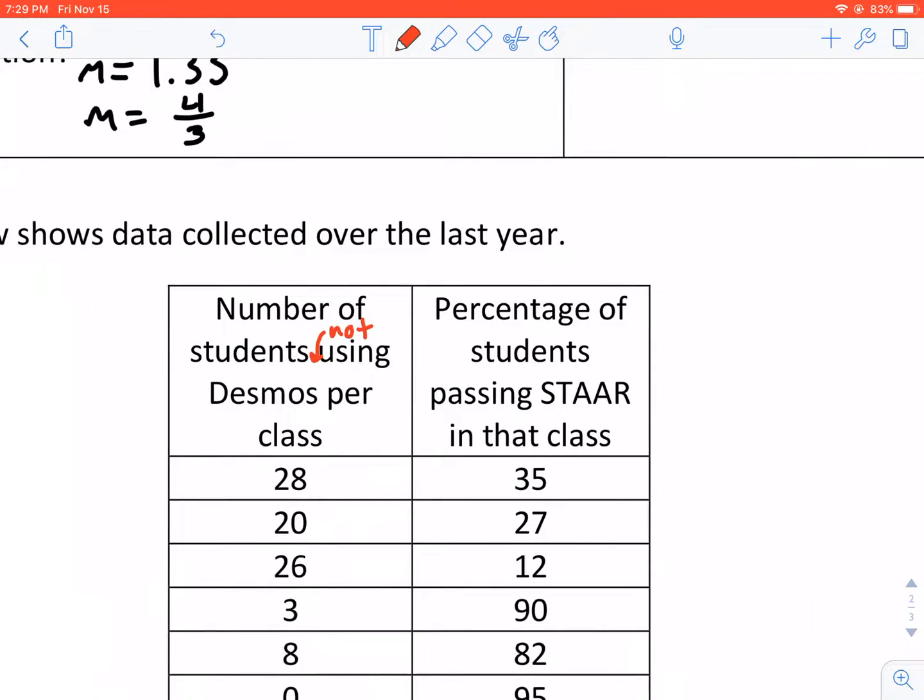So it's the number of students not using Desmos per class versus the percentage of students passing the STAR in that class. These are the numbers that we got last year based on the number of kids not using Desmos every class and seeing how that affected their scores when they took the STAR.